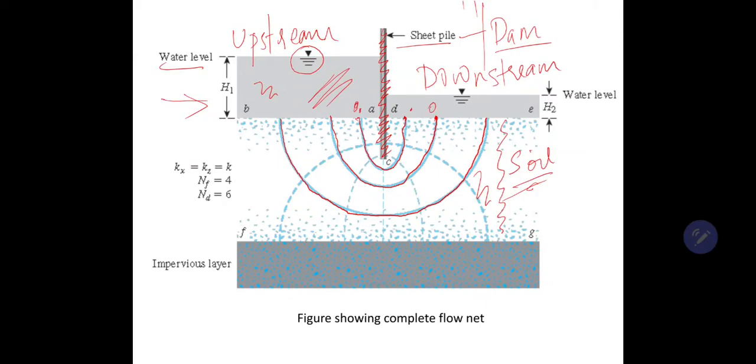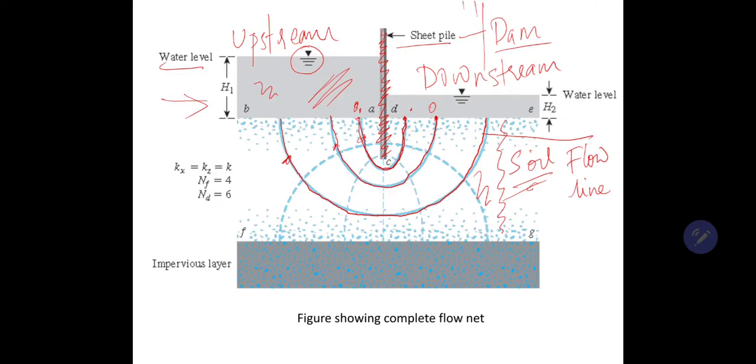Whenever you have water flowing from upstream to downstream with an obstruction in between, the path of flowing of the water, this particular line formed by the flowing water, is called the flow line. All these lines over here are flow lines.